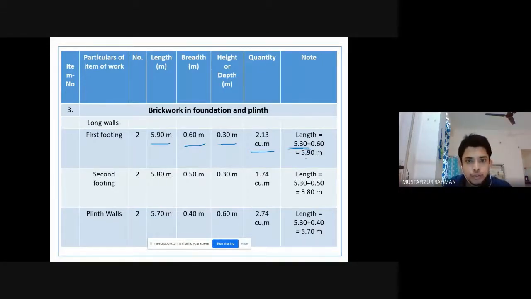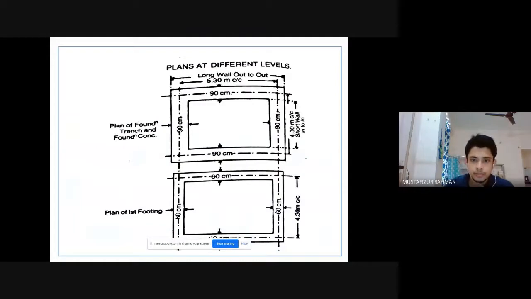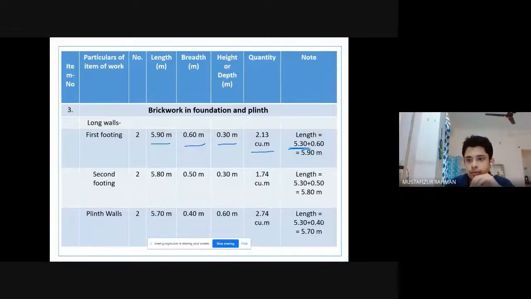Now how much we have to add, we will see from this diagram. This center to center is 5.3. Now this thickness is 60 centimeter. So on one side we add 60 centimeter by 2, on the other side we add 60 centimeter by 2. In total we add 60 centimeter. That is what we are doing here, 0.6 by 2, and we are getting 5.90 meter.